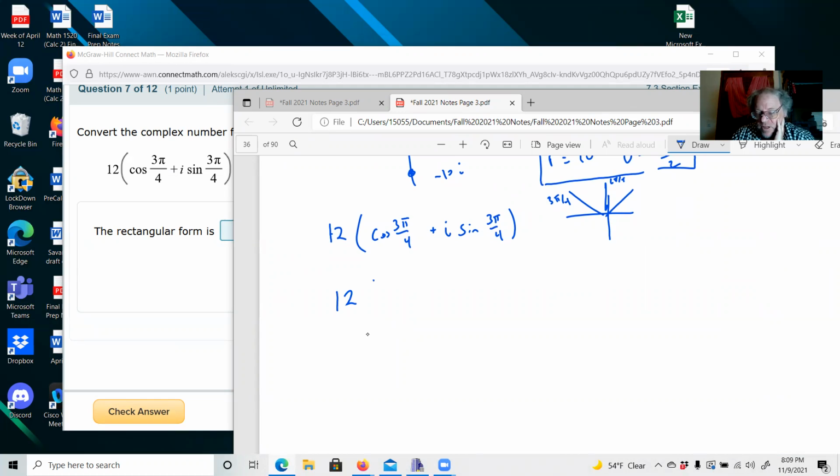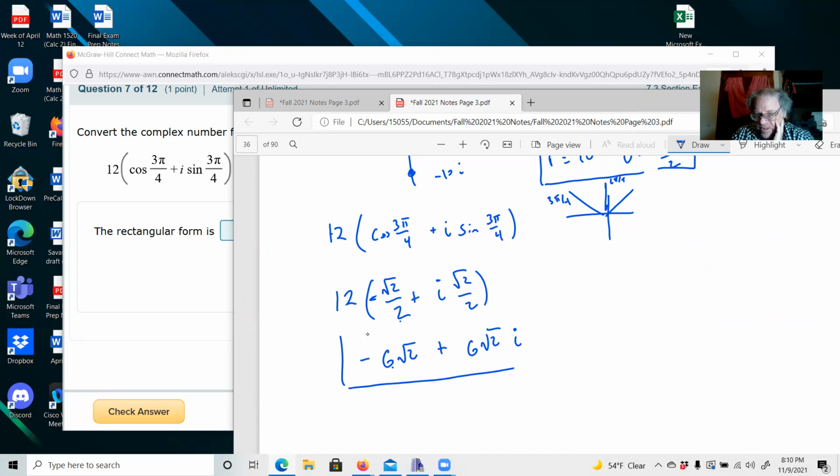So what is cosine of pi over 4? Root 2 over 2. Okay, plus i, and then we're going to have root 2 over 2. But this is going to be negative, right? Because we're in quadrant 2 here. Okay, so this is going to be 6 root 2, negative, since 12 over 2 is 6, and then we're just going to leave it. Plus 6 root 2 i.